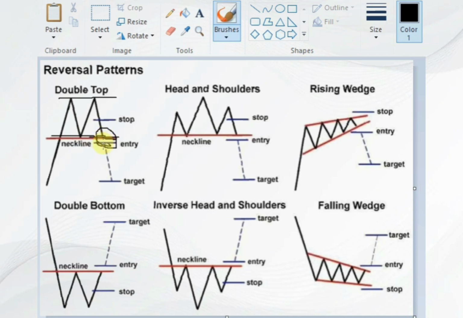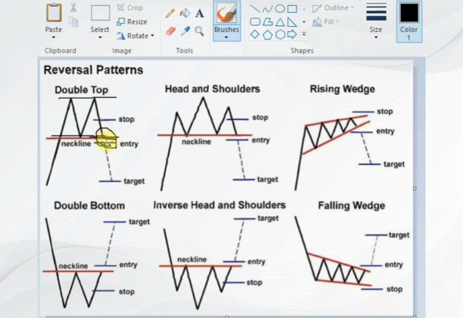If price breaks below it, closing with a bearish candle, if the candle closes below this place, we'll wait for a retest around this area here to take a trading entry. So this will be your entry.